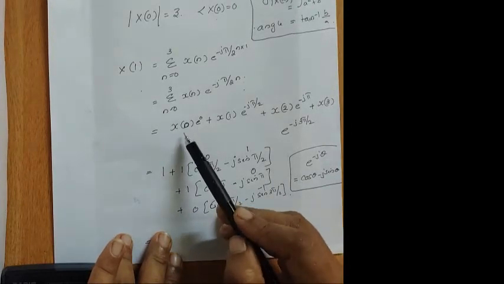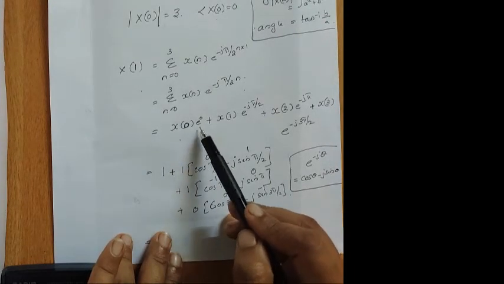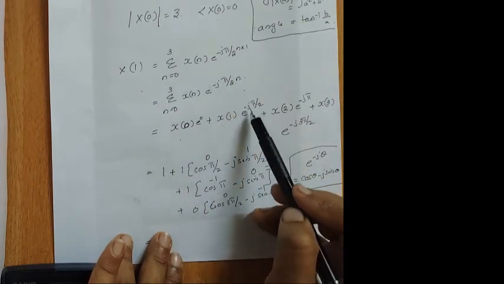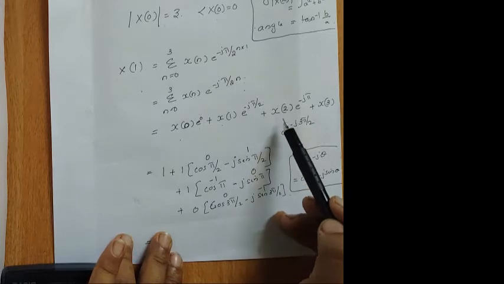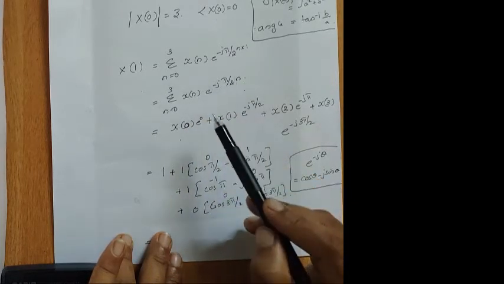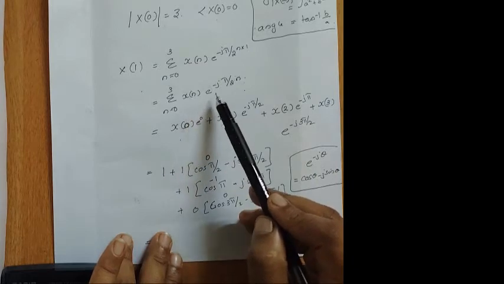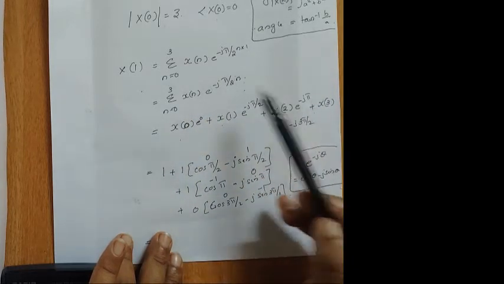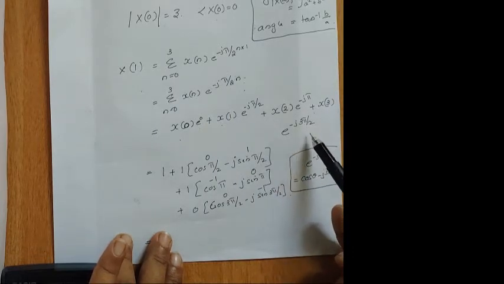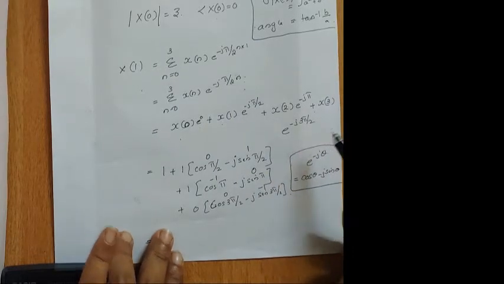So you are expanding that: x of 0 into e raised to 0, plus x of 1 into e raised to minus j pi by 2, plus x of 2 into e raised to minus j pi, where the 2s get cancelled, plus x of 3 into e raised to minus j 3 pi by 2.